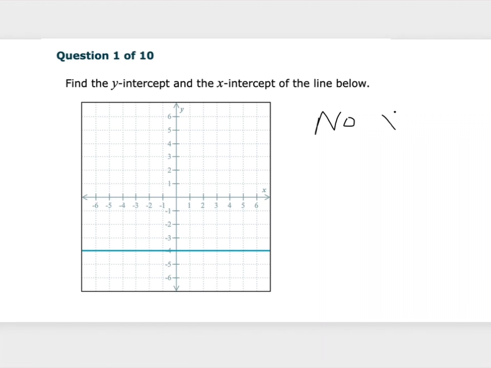There is no x-intercept. It does not cross the x-axis. Okay, now the y-intercept is right here at -4. So we'd say y-intercept -4. And that is all we had to do for number 1.